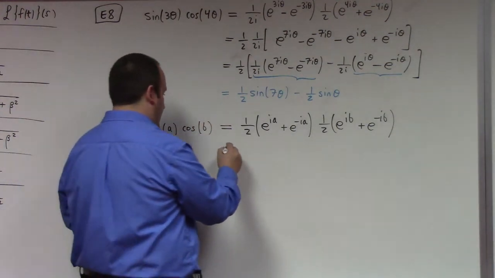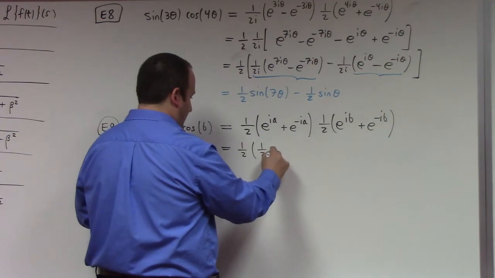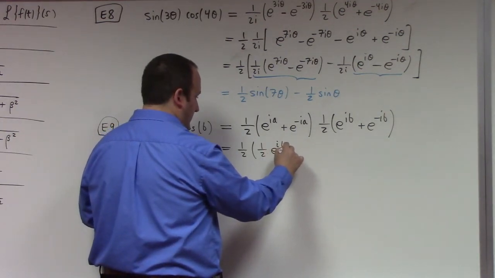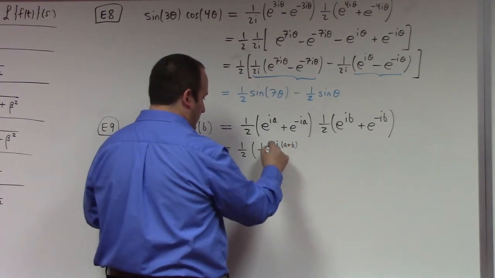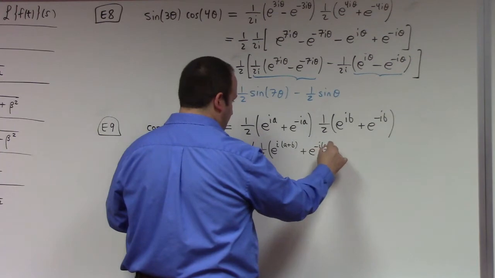Let's see here. So we really got 1/2 of 1/2 e to the i, we've got A plus B, and then plus e to the minus i times A plus B.